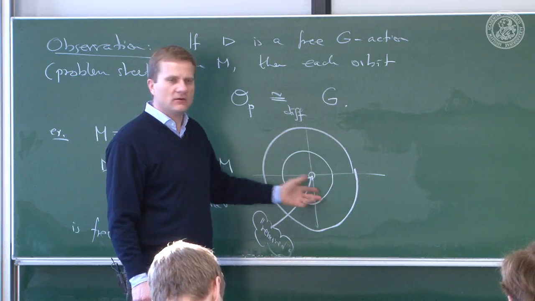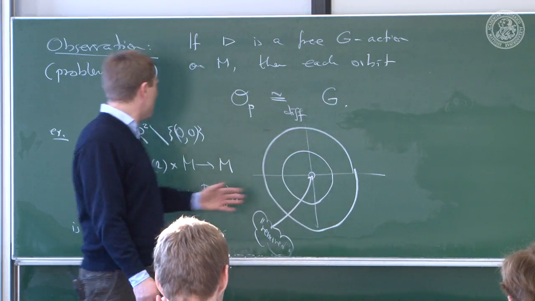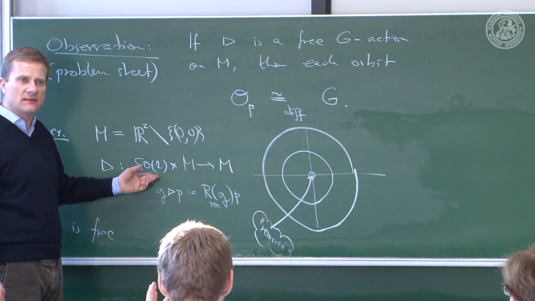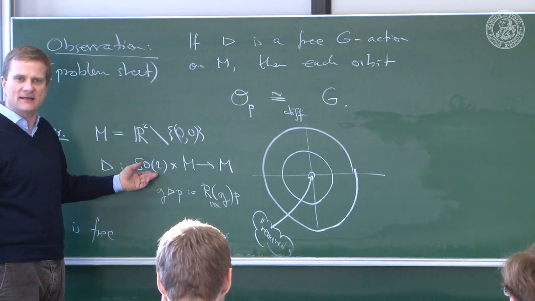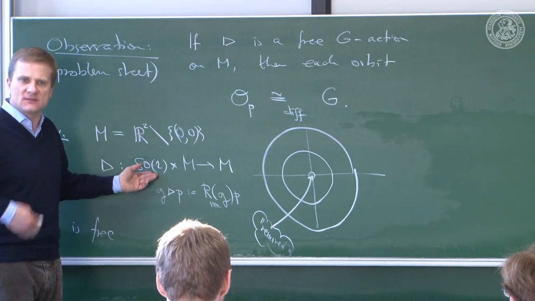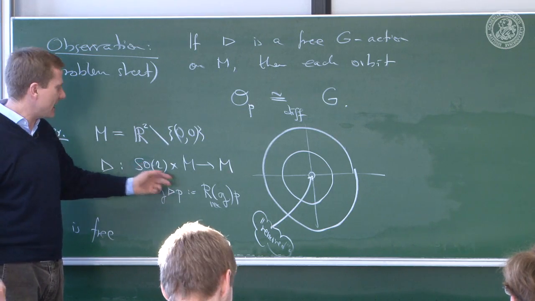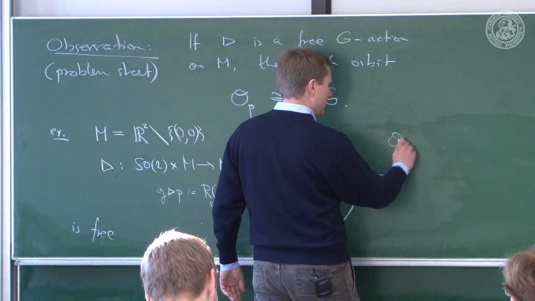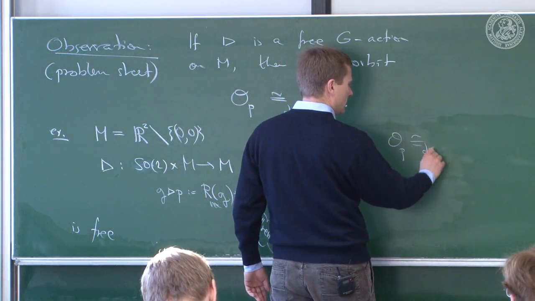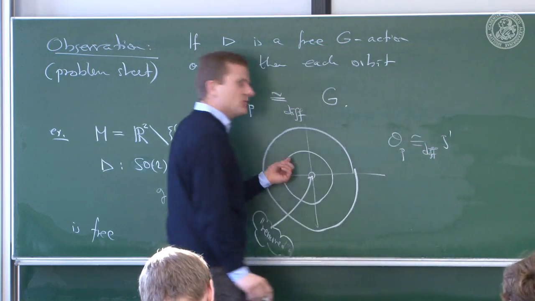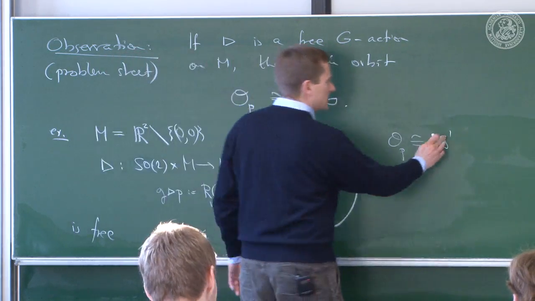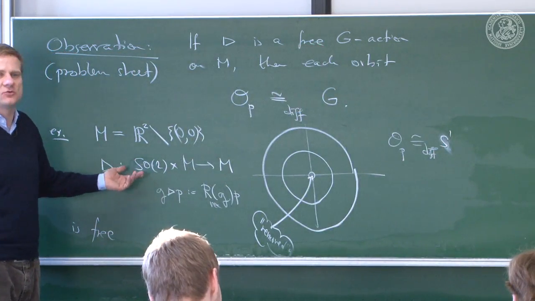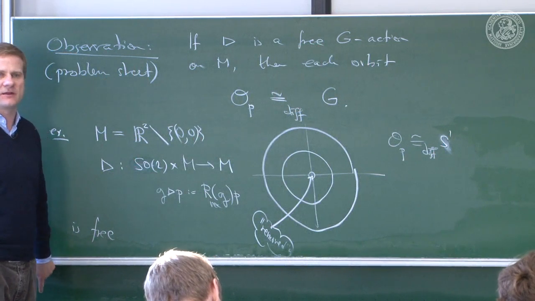Each of these circles is, of course, isomorphic to SO2, because SO2 is the Lie group that's built on the circle as the underlying smooth manifold, but with an additional group law. So every orbit is isomorphic to an S1, and S1 is the group manifold that underlies SO2, so in a sense it is SO2 seen purely as a smooth manifold.